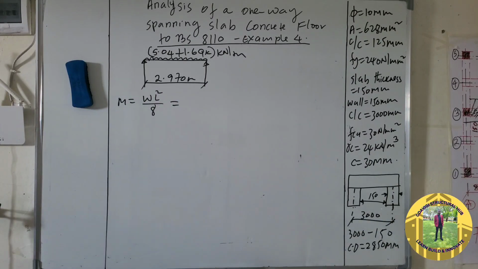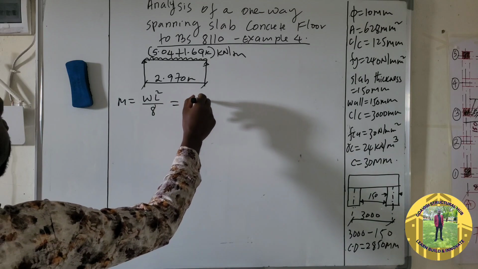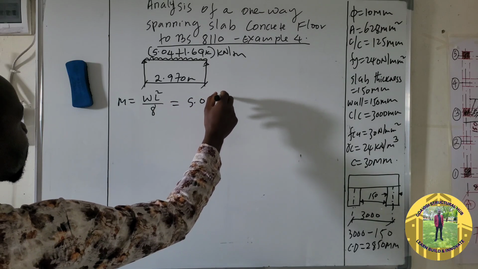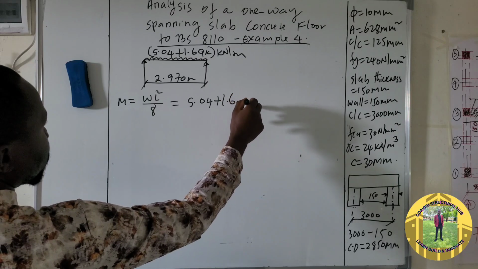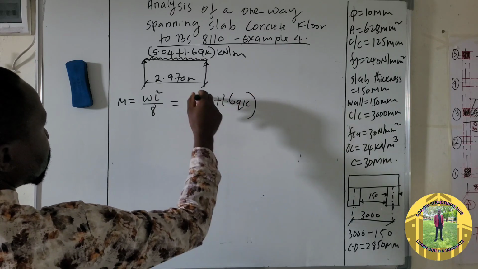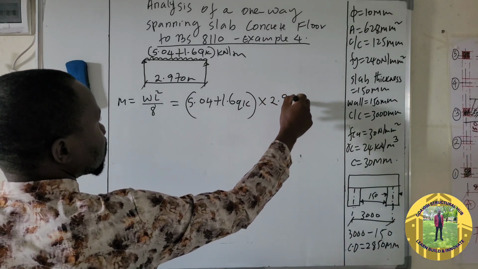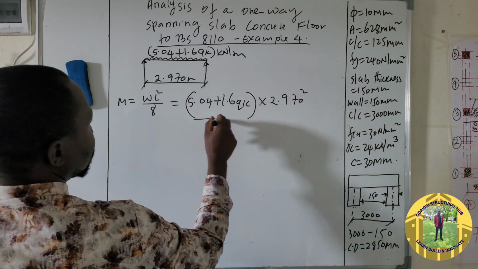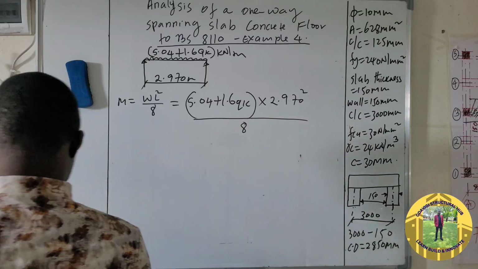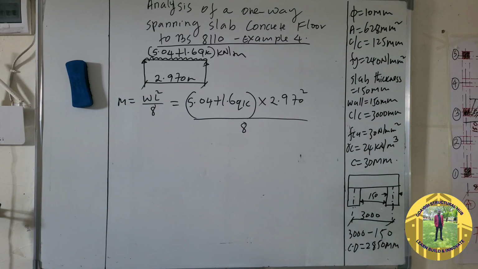So our W is 5.04 plus 1.6 QK times L, which is 2.970 squared over 8. Let's open the bracket. You take 5.04 times 2.970 squared, then divide by 8.